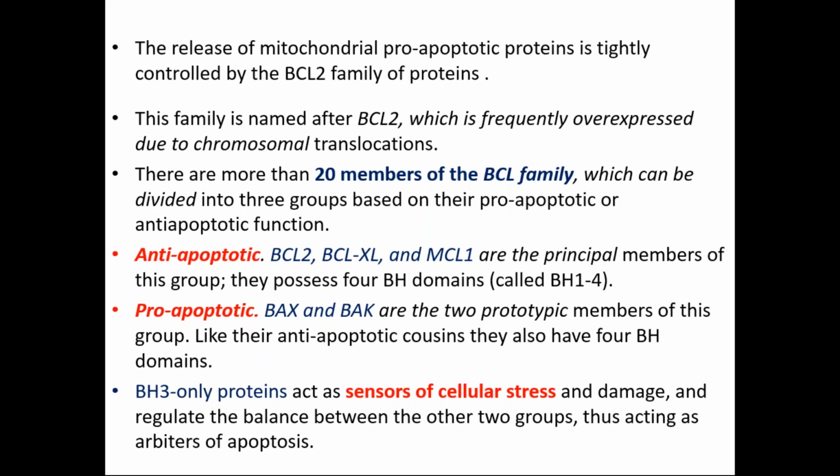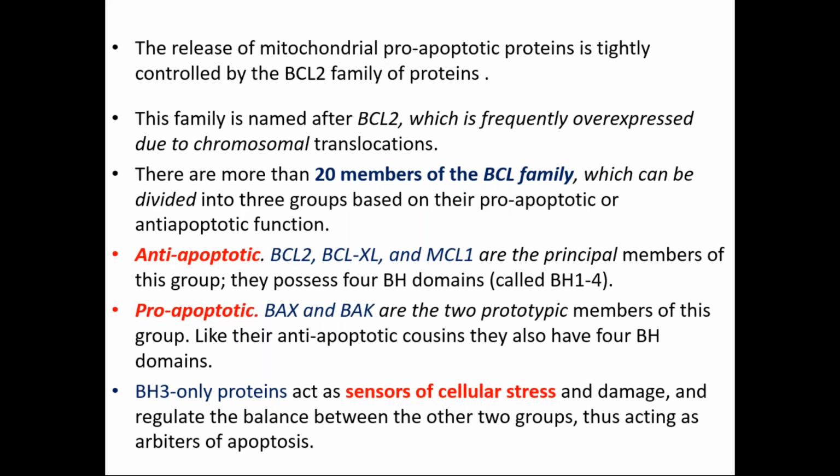What does anti-apoptotic mean? They inhibit apoptosis. BCL2, BCL-XL, and MCL1 are the main anti-apoptotic proteins. They contain 4 BH domains. Pro-apoptotic means they promote apoptosis of the cells, like BAX and BAK. These are the two prototypic members of the pro-apoptotic group, and like the anti-apoptotic proteins, they also have 4 BH domains.